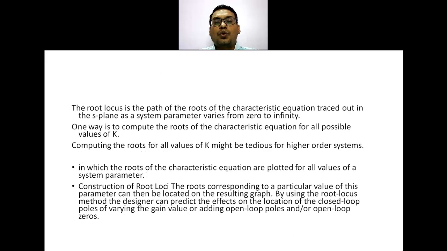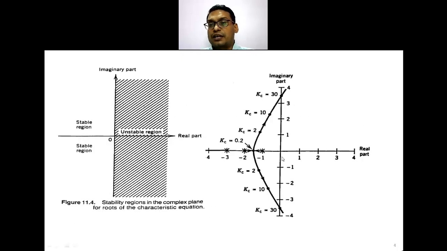So this root locus is nothing but a path of roots of the characteristic equation traced out in the S-plane as the system parameter varies from 0 to infinity. As the system parameter varies from 0 to infinity, whatever path it takes.